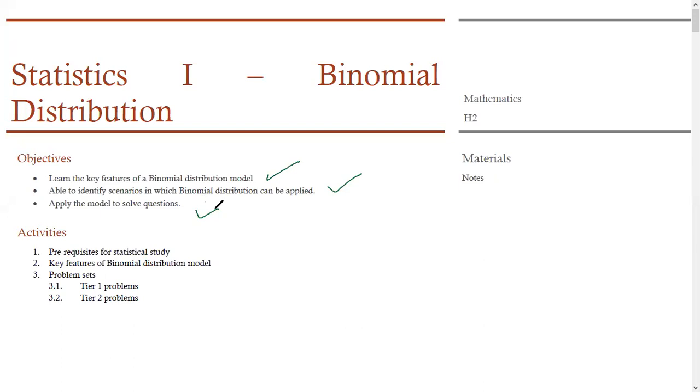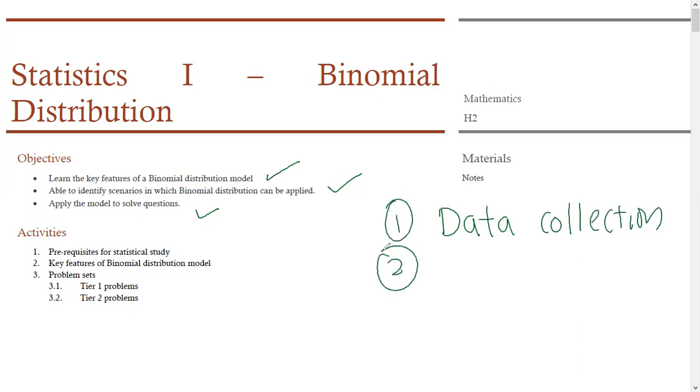Remember, the last time when we talked about discrete random variables, we talked about statistics. Statistics here actually consists of 4 parts. The first part is data collection. That's step number 1. Step number 2 is data analysis.